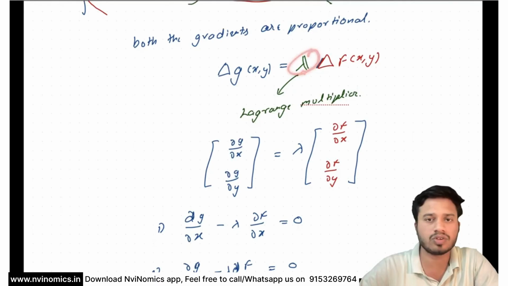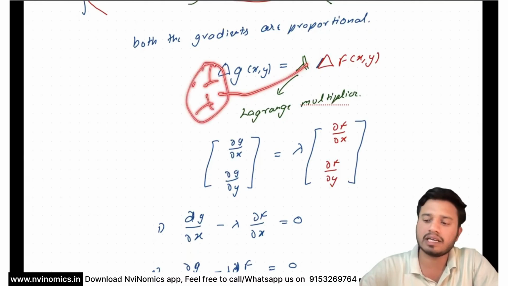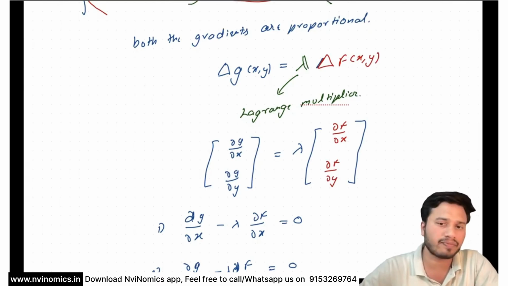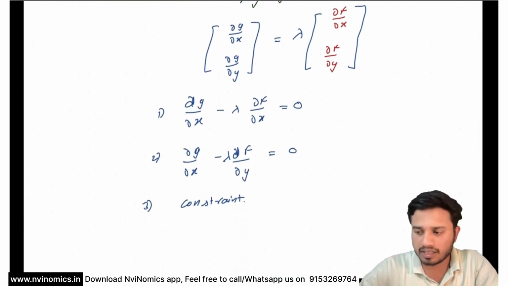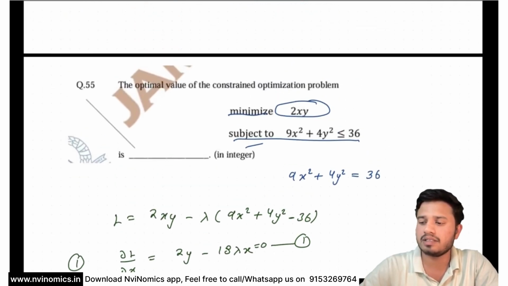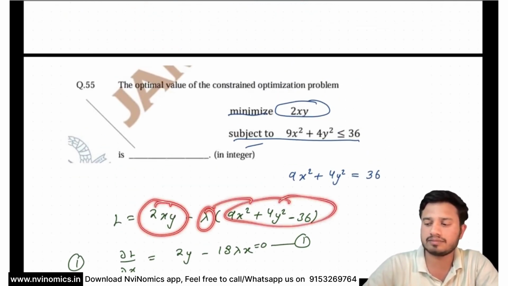Lambda is just some constant. I don't know what constant it will be, but I can take lambda this side, it will be 1 by lambda, and then again denote it as lambda or some delta, anything. It will not matter. But in many standard books, they have taken the problem this side and then lambda times the constraint.